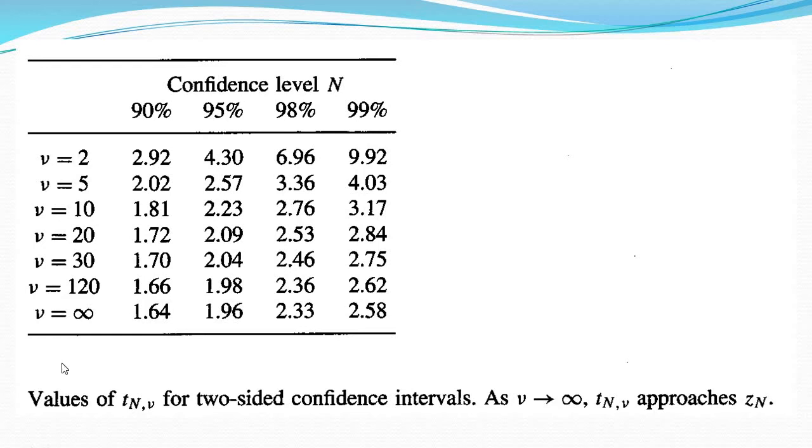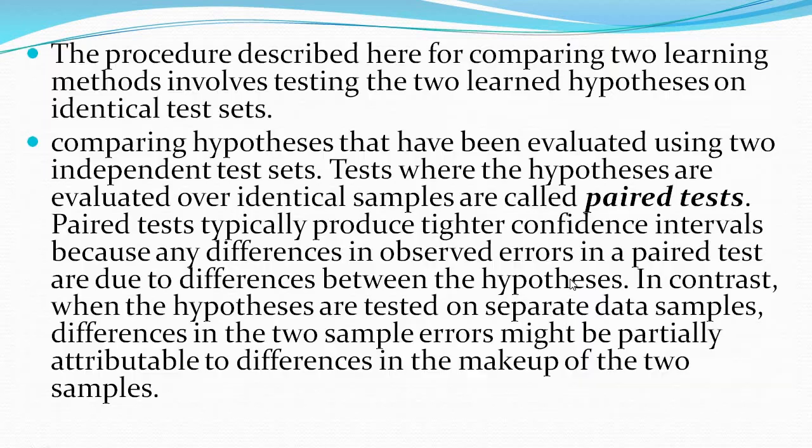In this table, values of v are given with the confidence levels in the form of percentiles. Previously we said z(n), here we are considering t(n, v). This is the two-sided confidence interval with the confidence probability percentile of 90%, 95%, 98% and 99%. These are the v values. Here we are given a predefined table.